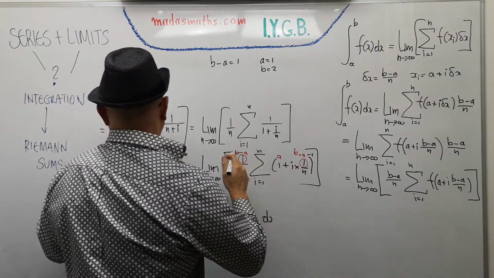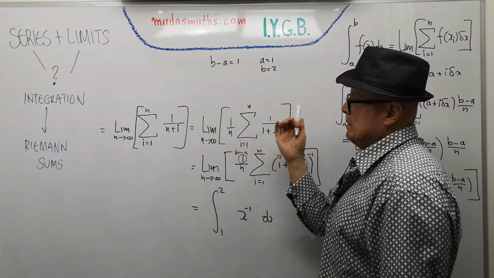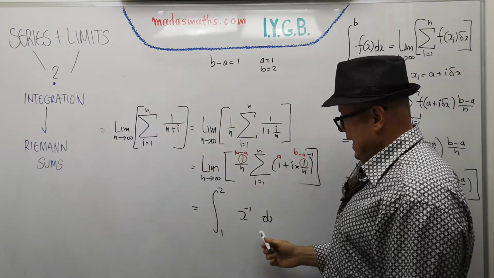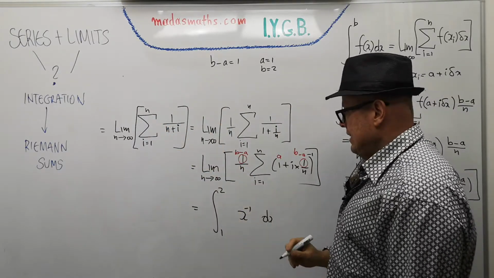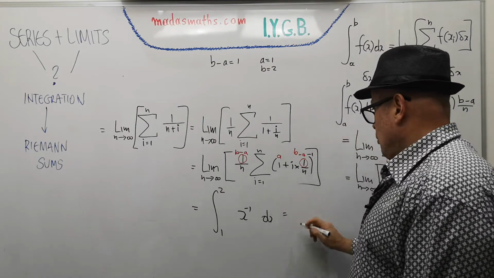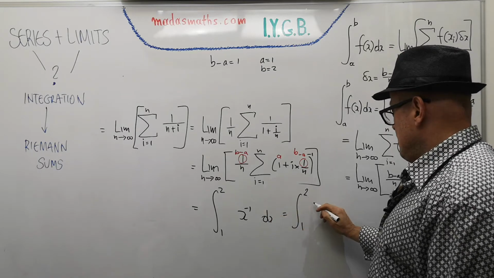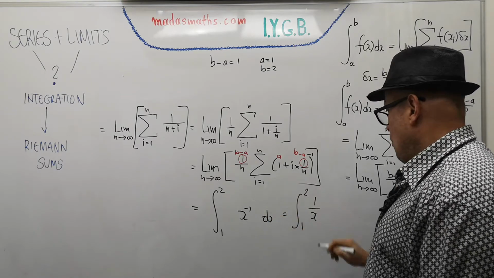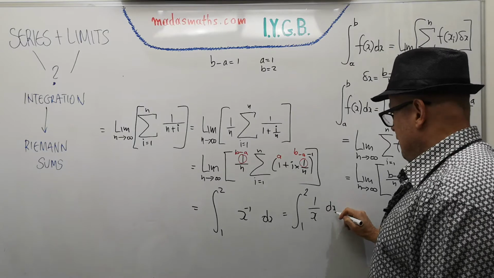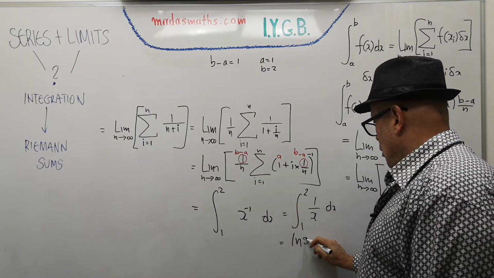So this particular limit that we're trying to find, I'll rub it off how it was given in the beginning in explicit form. This quantity here is given by exactly this integral. And what is this integral? It is the integral from 1 to 2 of x to the minus 1, which is 1 over x dx. Very easy integral to do, which of course is the log of x.